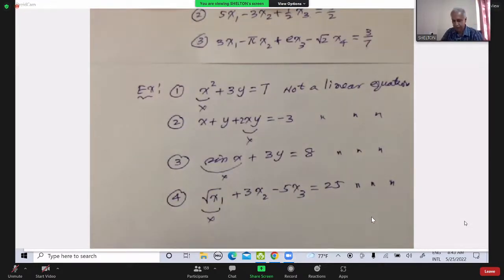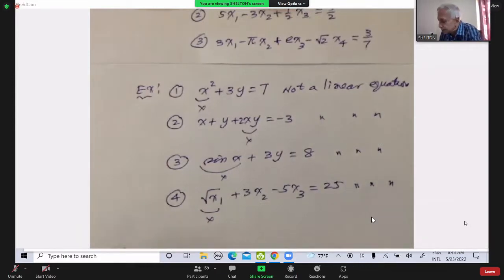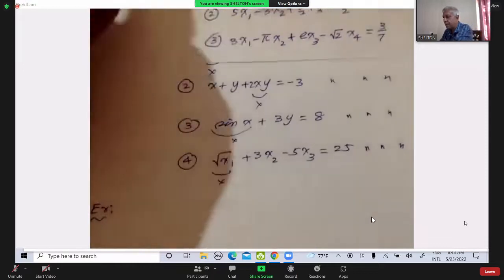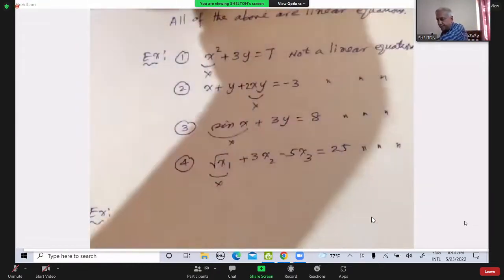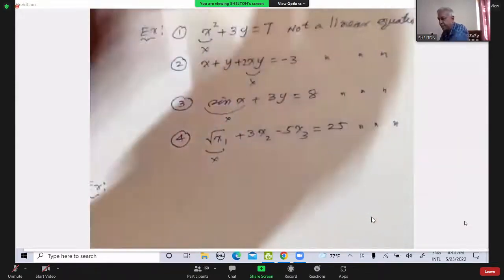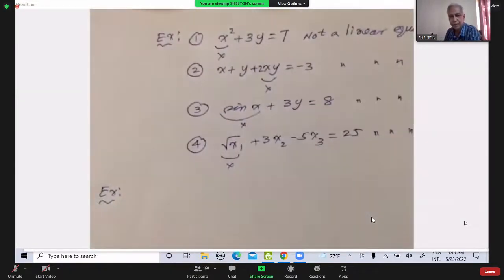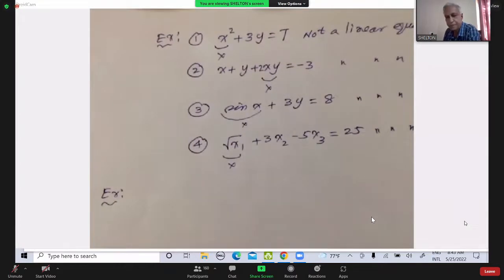What is a system of linear equations? I'll write an example. I'm using more examples to explain the concepts, terms and definitions.